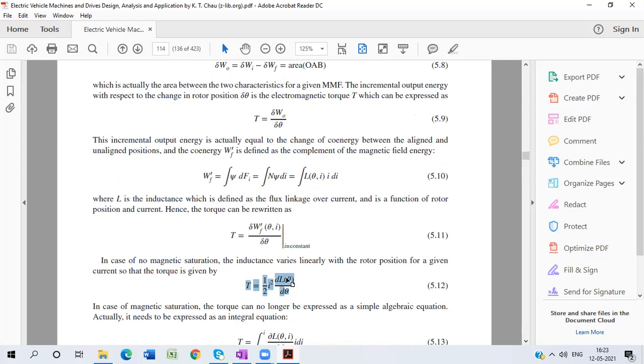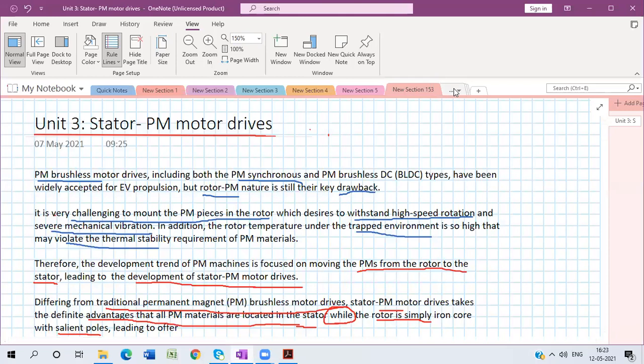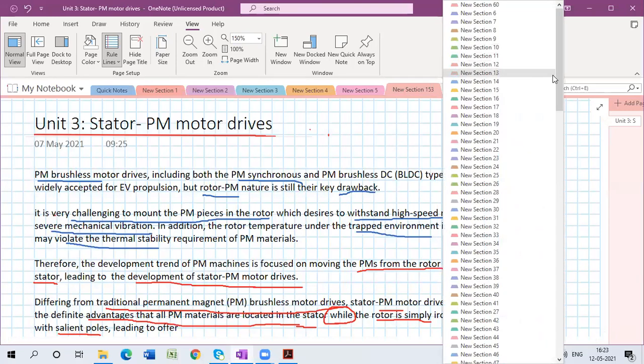Okay, just a second. I will show you that particular page. I think it is 1 minute.